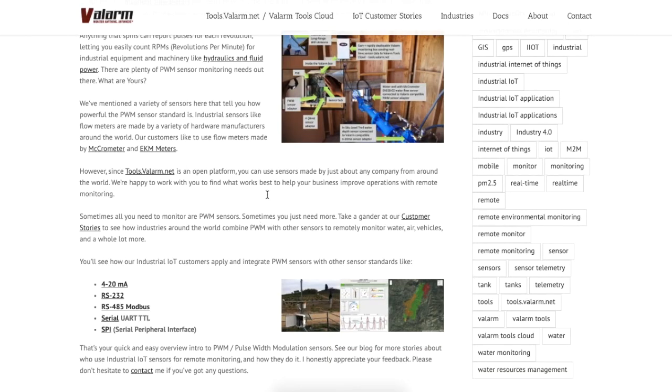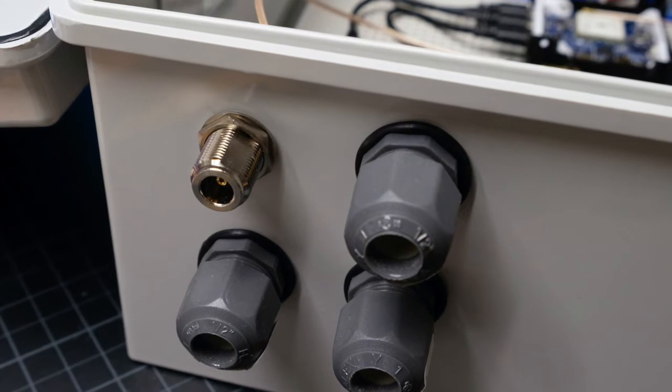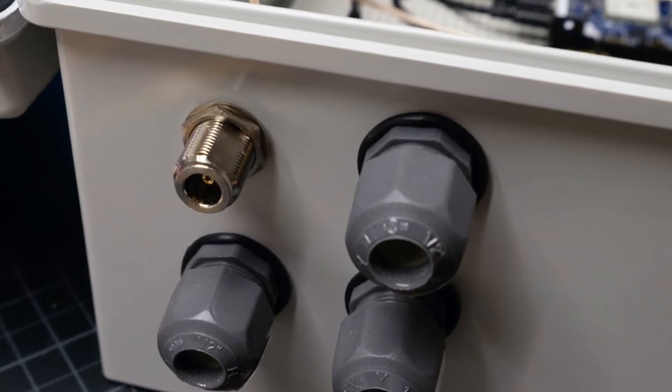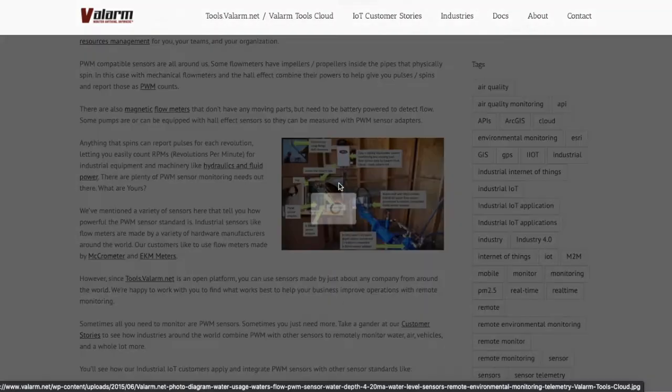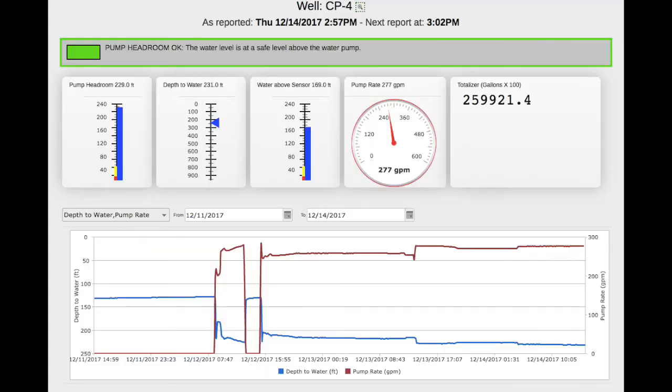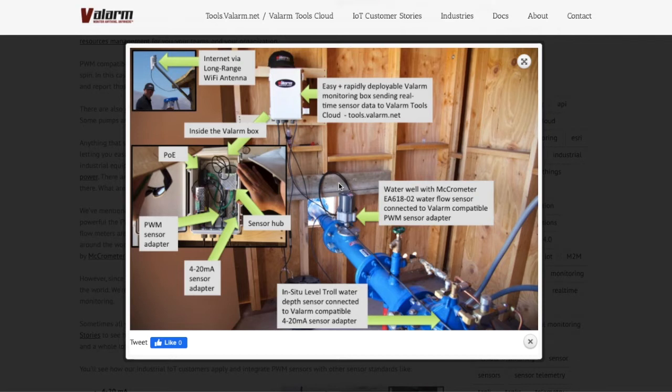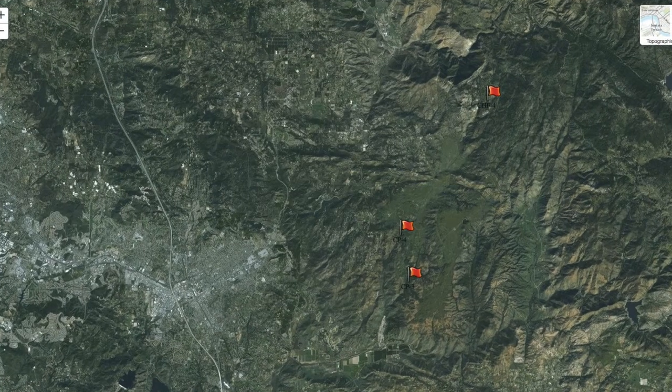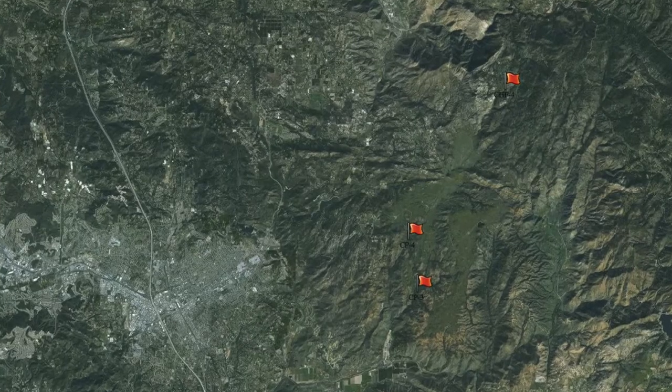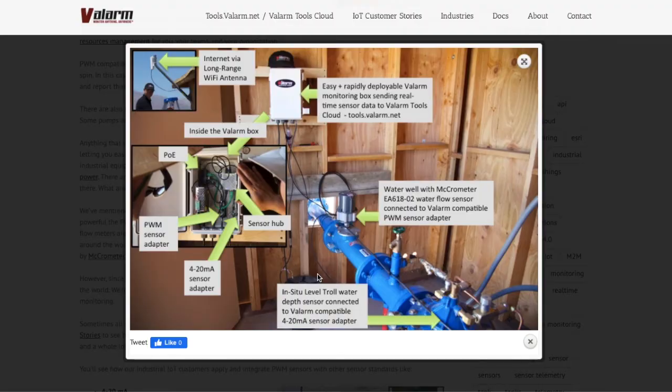Basically anything that spins can report pulses for each revolution, letting you easily count RPMs, revolutions per minute, for industrial equipment and machinery like hydraulics and fluid power. There are plenty of PWM sensor monitoring needs out there. But tell us, what are yours?